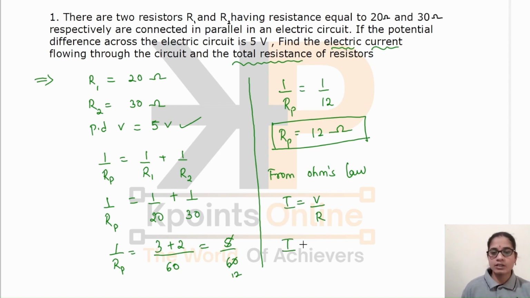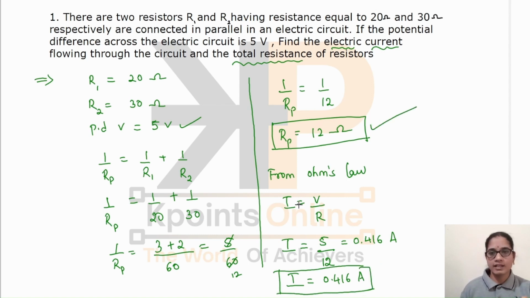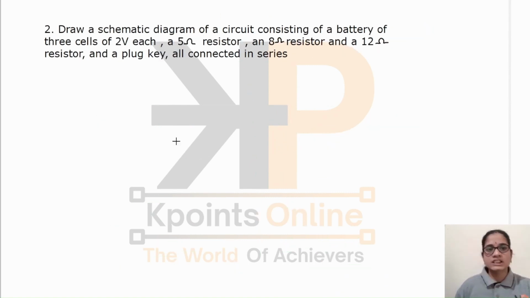So I is equal to 5 by 12. It comes out to be 0.416 ampere. So the current flowing through the circuit is 0.416 ampere. So we have calculated the resistance and also the current. Next question.